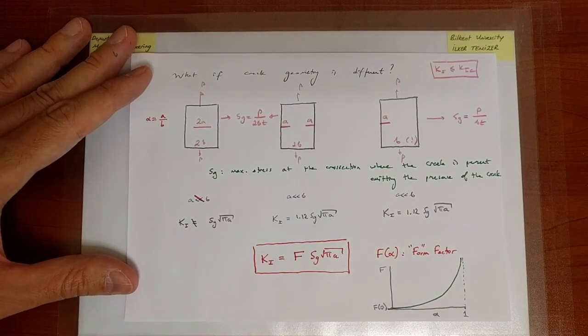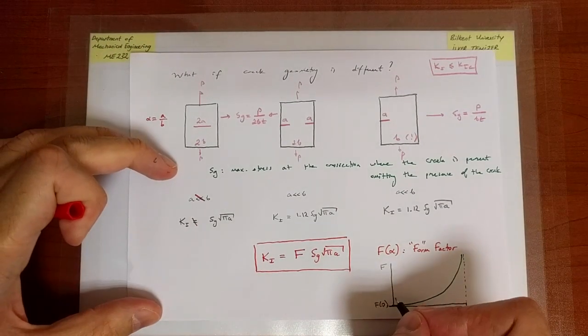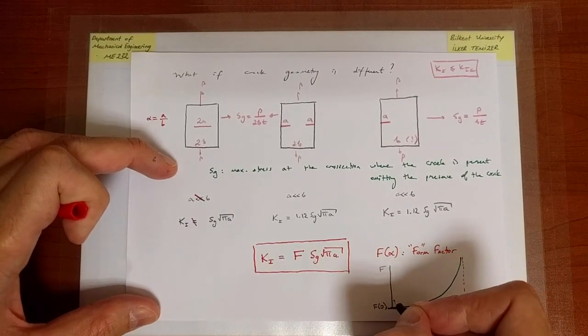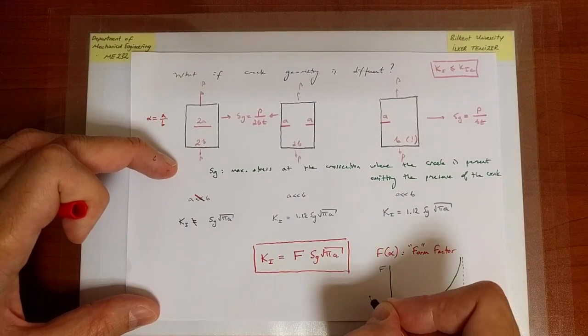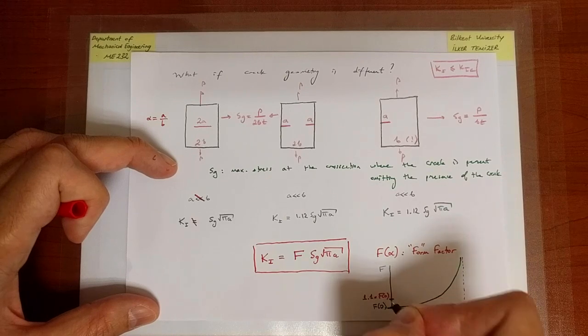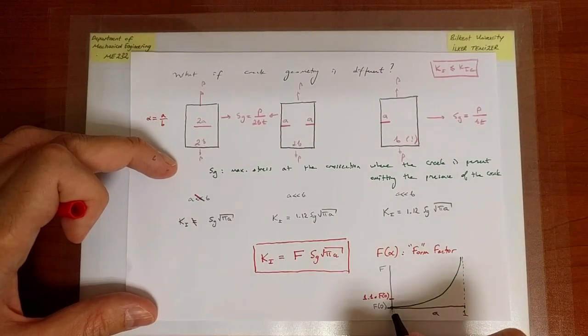So one natural thing to ask in this case is the following. Not quite natural, but something that people have agreed on, let's say: what is the 10% error limit on F, 1.1 times F0, from the value of F at alpha equals 0? In other words, I start from alpha equals 0, and I keep increasing alpha.